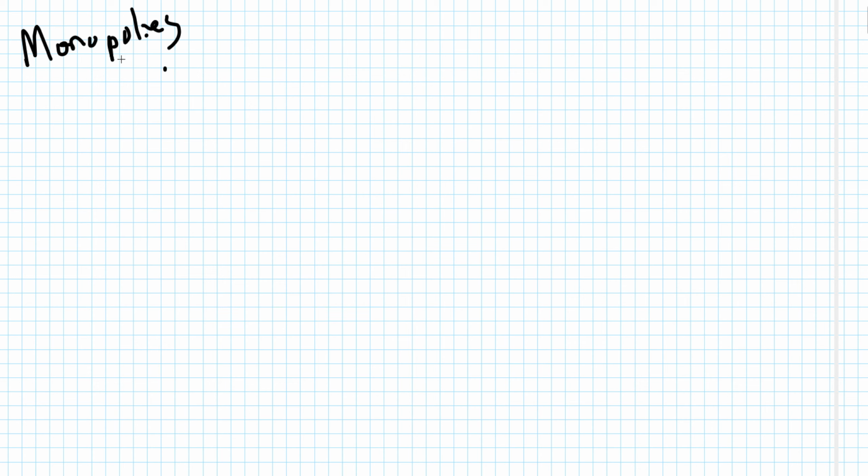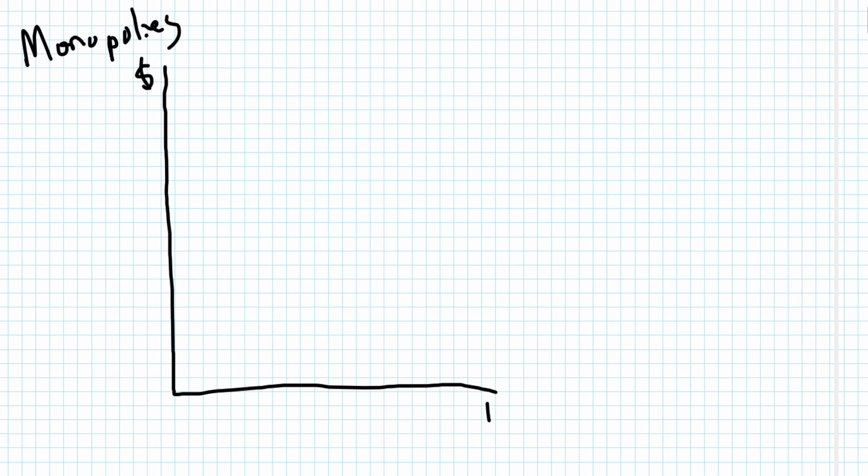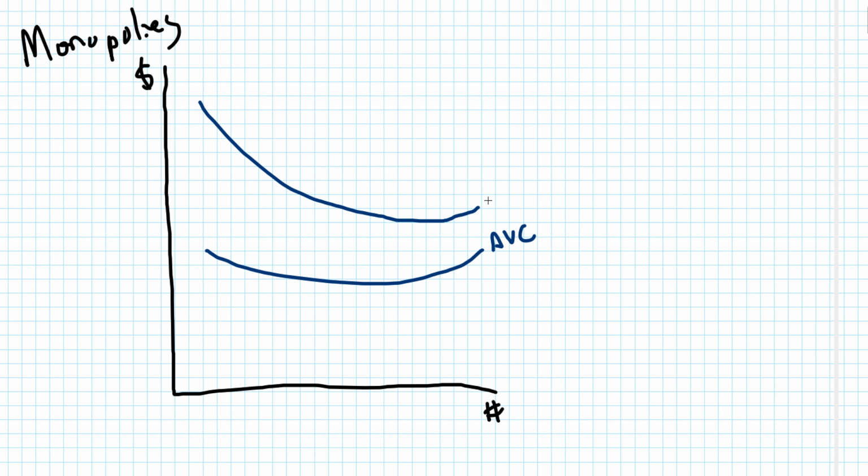So let me draw this a little more carefully. If I have a monopoly, I have those same cost curves I had before. I'm going to have an average variable cost I have to deal with, AVC. I'm going to have an average total cost I have to deal with, ATC.